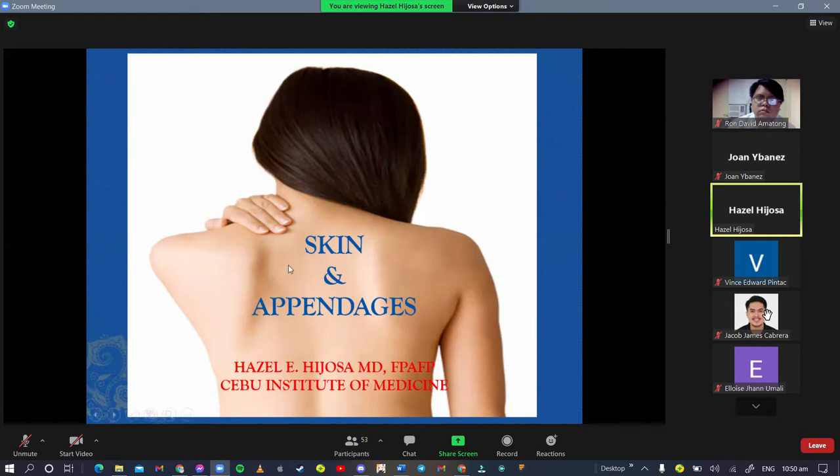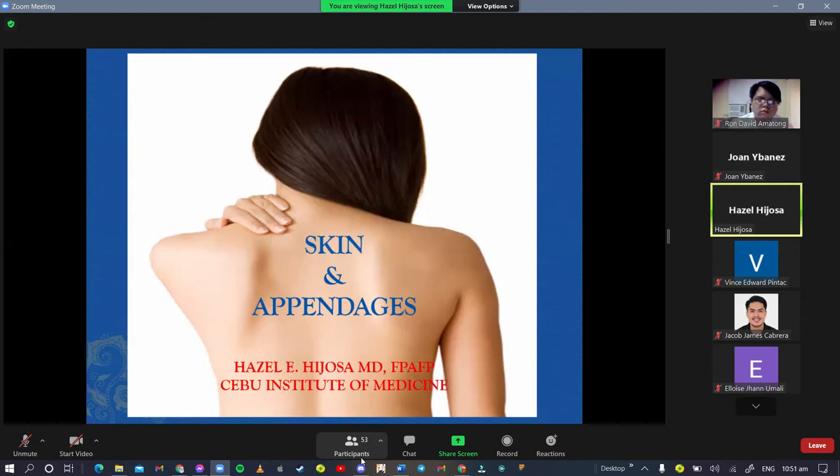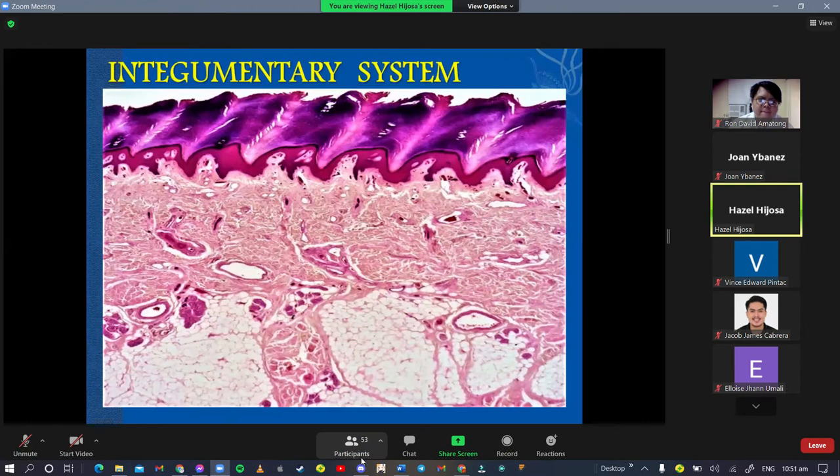Okay, so the integumentary system is composed of the skin and its appendages. The skin is the largest organ of the body that covers the external surface of the body.